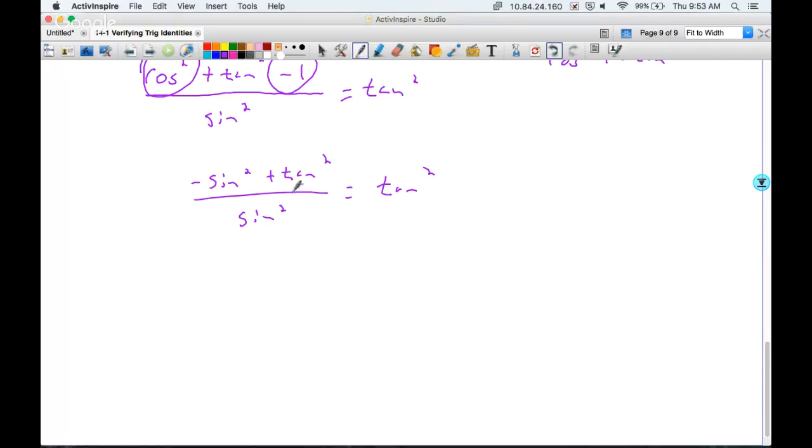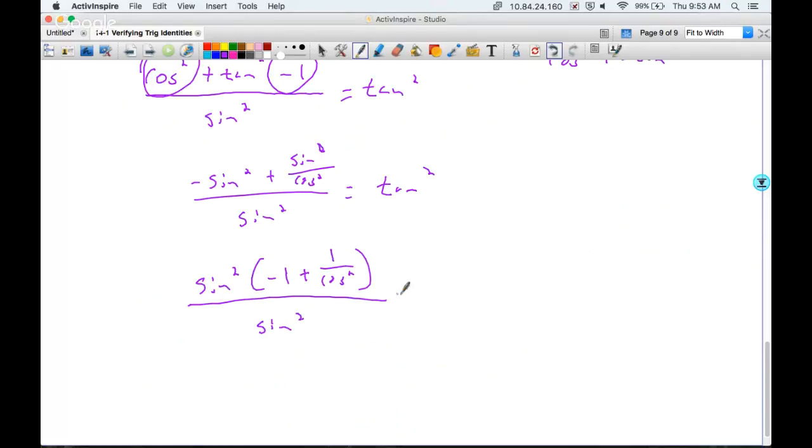I think this is going to work out a little bit better. That tangent, I do want to rewrite it as sine squared over cosine squared, so that I can factor out a sine squared, leaving behind a negative 1 plus 1 over cosine squared, all over sine squared equals tangent squared.